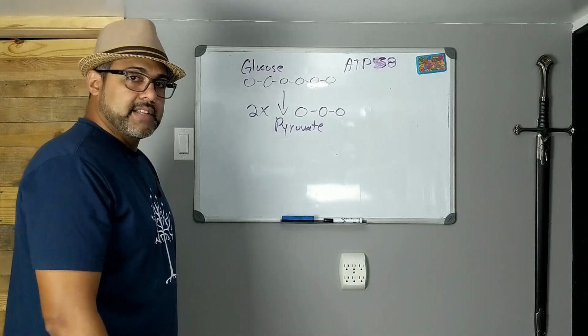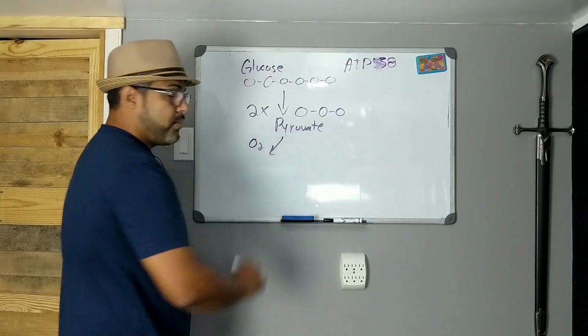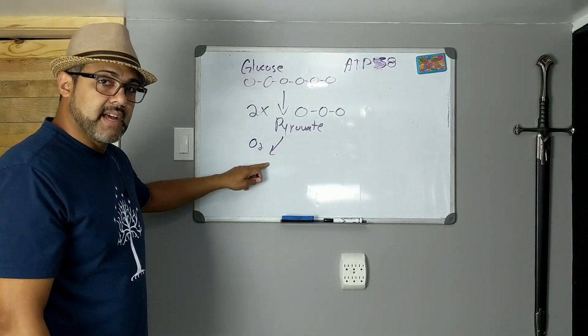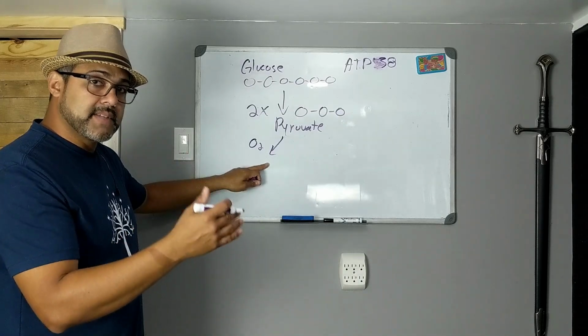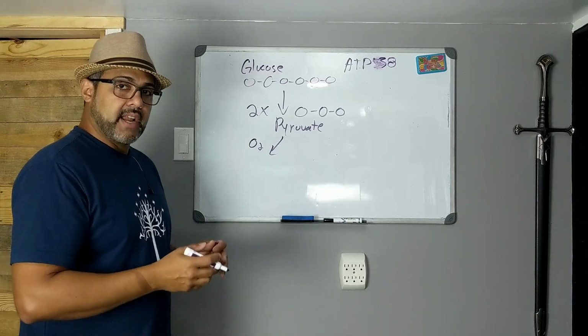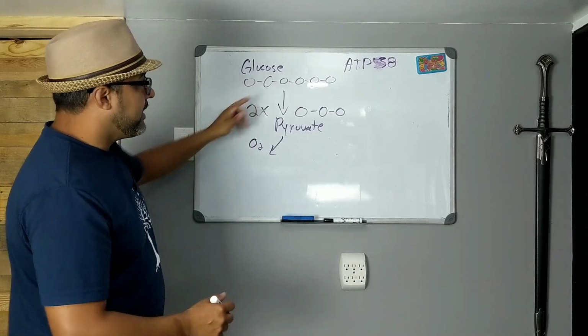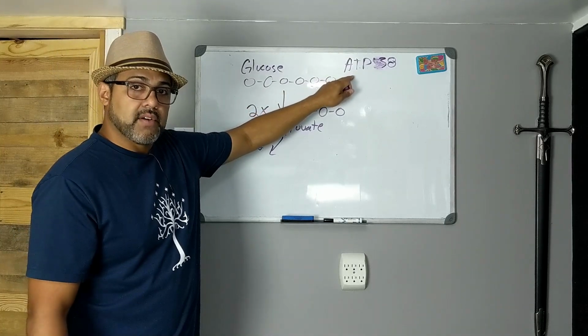From here it is very interesting. In the presence of oxygen, we do something called the Krebs cycle. And after the Krebs cycle, we go to something called the electron transport chain. In there, with all this process, we get energy. We get those ATPs that I was talking about.